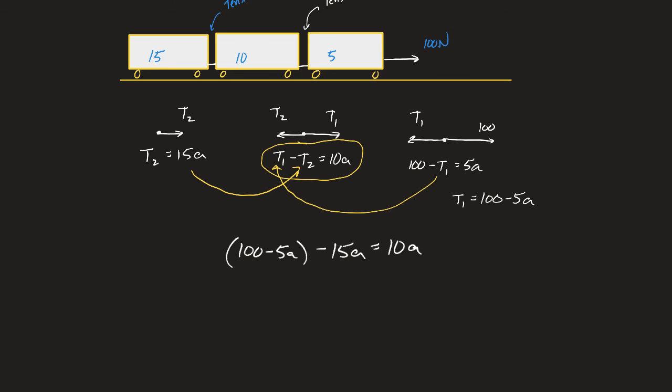And then I'll move everything with a to one side. And then I'm going to notice something. If done correctly, do you see a point where you've added up all the masses together? It happens every time. If you do it right, you'll reach a point where you add up all the masses together. That's how you know you've done it right.